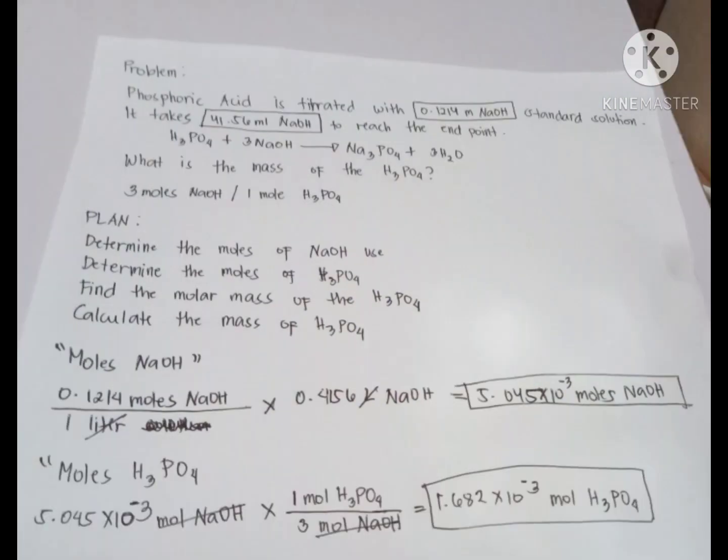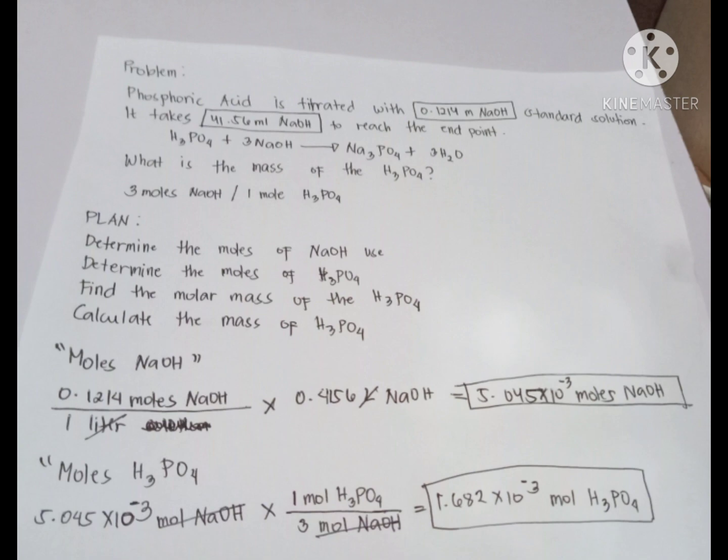We will use that to convert to get the moles of phosphoric acid. We will multiply the 5.045 times 10 to the power of negative 3 mole of sodium hydroxide by 1 mole of phosphoric acid and divide by 3 moles of sodium hydroxide.